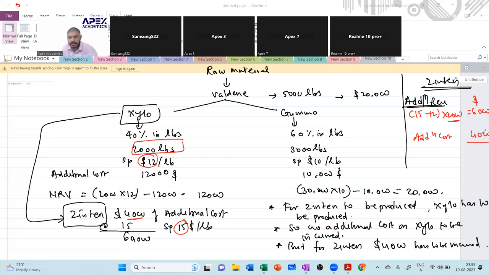Let's write it properly. What am I left with? Additional income of Zinten 2,000. What is the answer? Additional income of Zinten is 2,000.